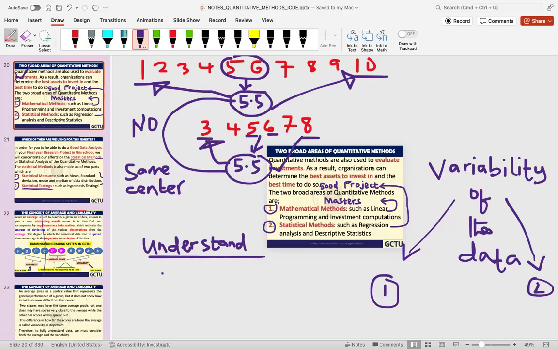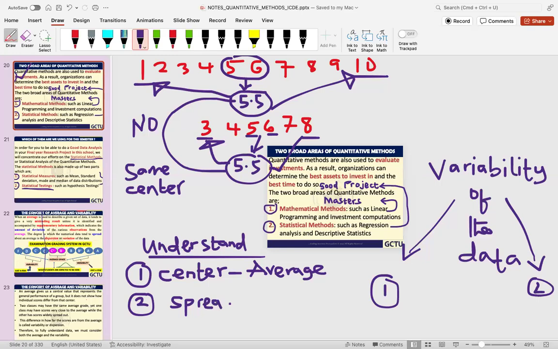So in short, to completely understand any data you are dealing with, in effect, there are only 2 things you need from the data. 1, you need to find the center of the data, which is called the average. And then the second thing to do is to find the spread of the data. So you are doing two things.